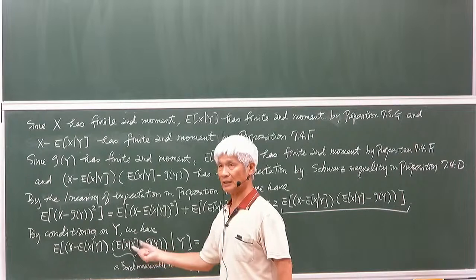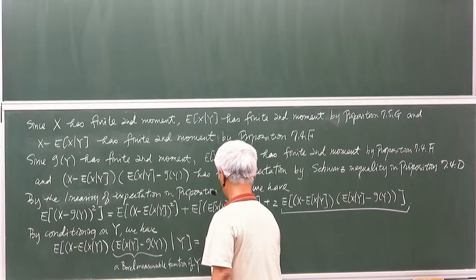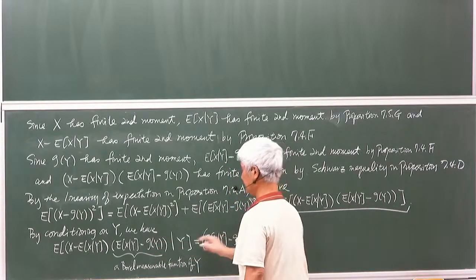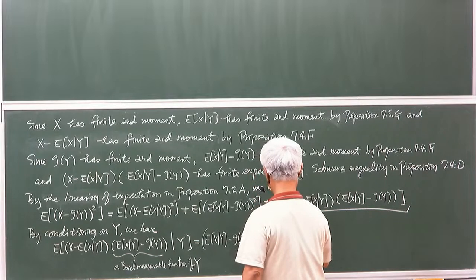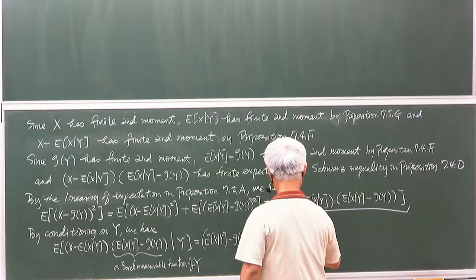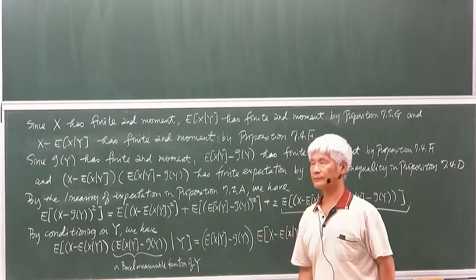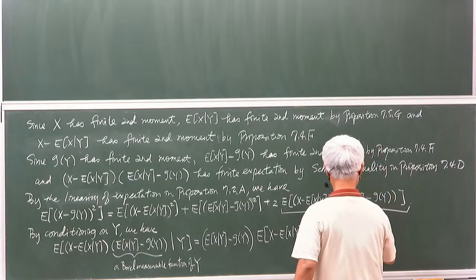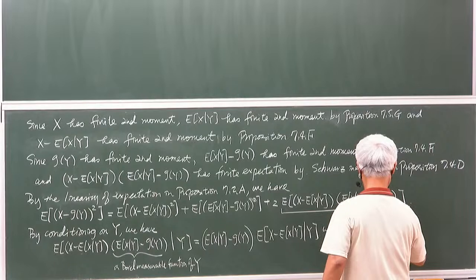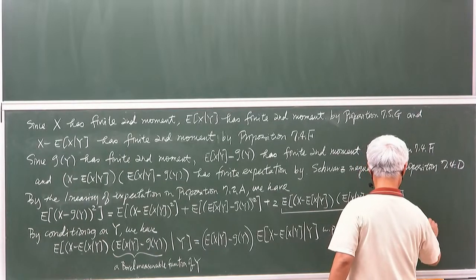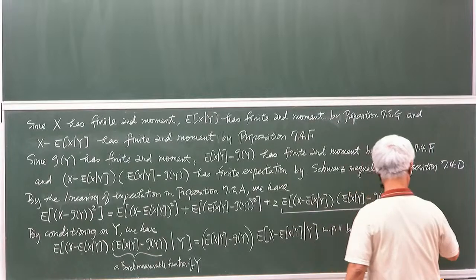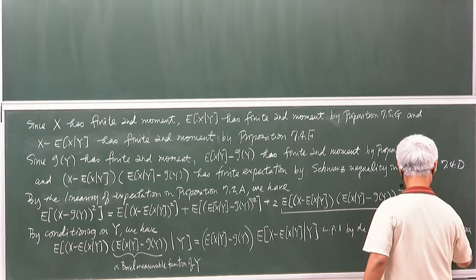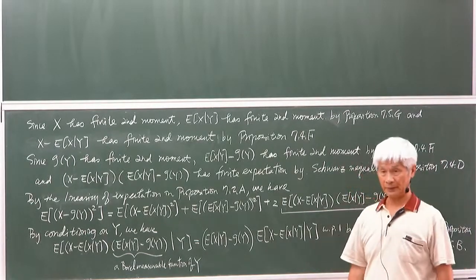We can move the factor out, and this difference here, with probability 1, by the moving out property in proposition 7.5.b.